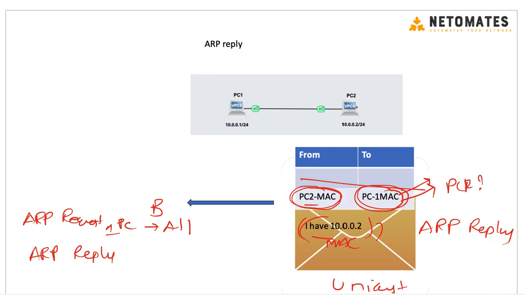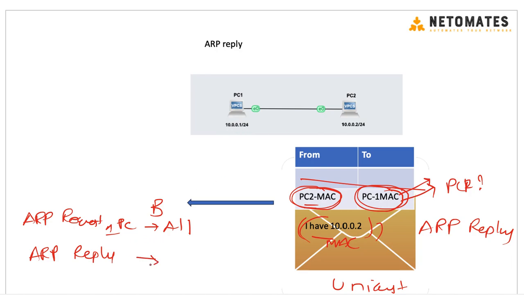Suppose in this case we change the IP of PC2 to 10003. It won't respond to this ARP request because it does not have that IP. It will simply drop that packet. Only the machine with the matching IP address will reply, and when replying back, it will only reply to the machine that sent the packet, right?